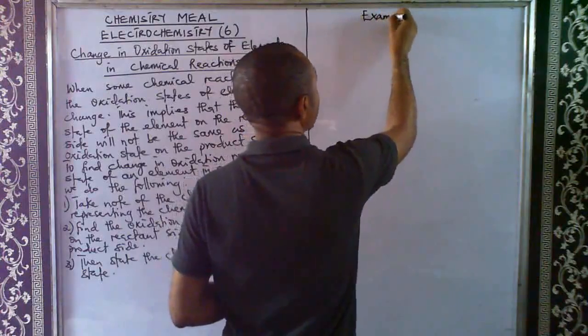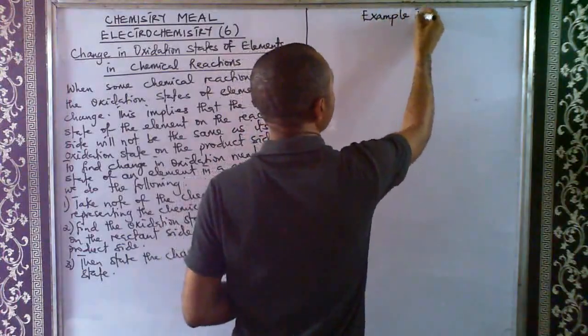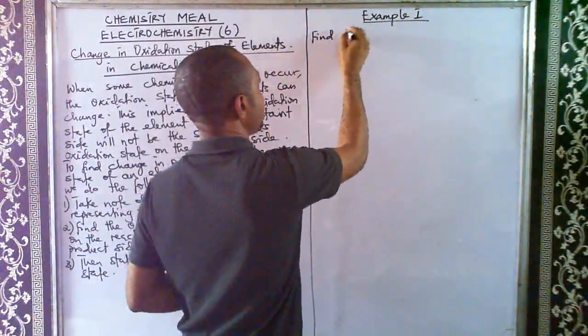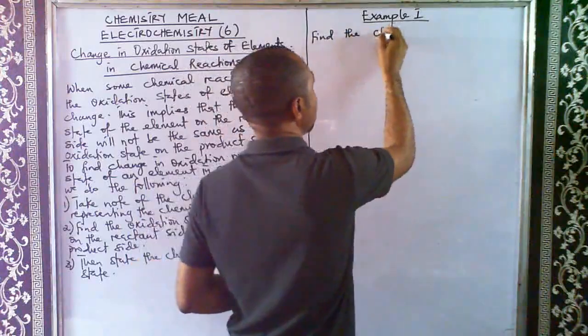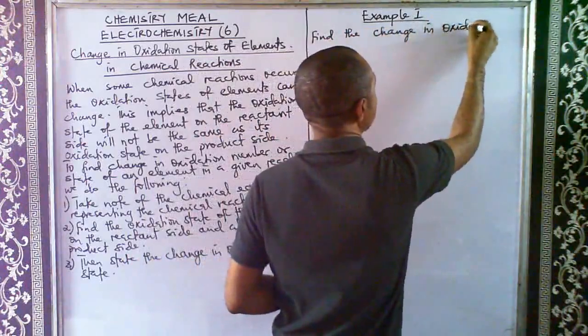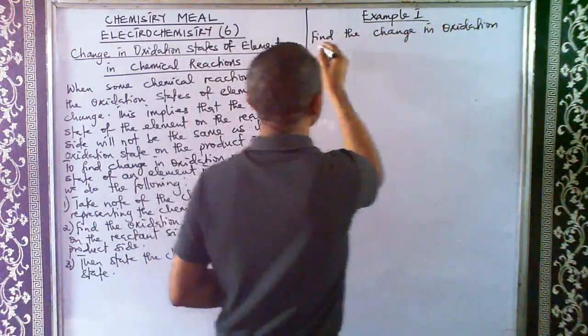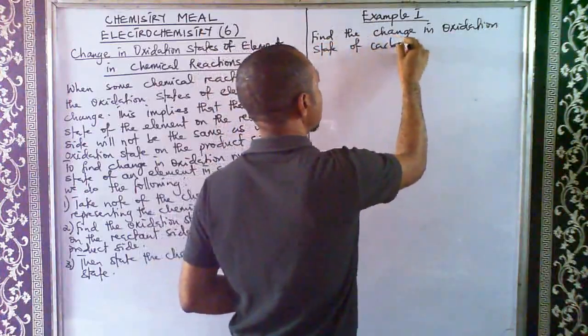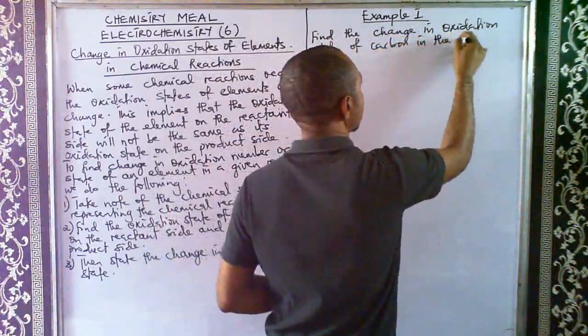Example 1: we are asked to find the change in oxidation state of carbon in the reaction below.